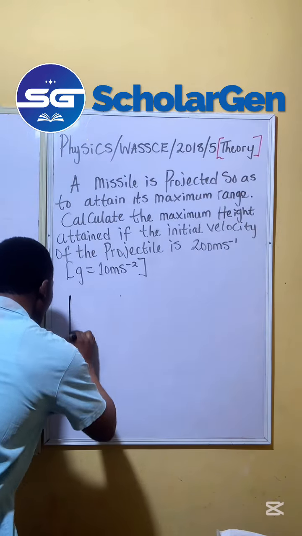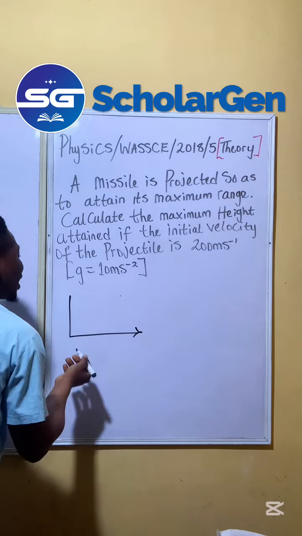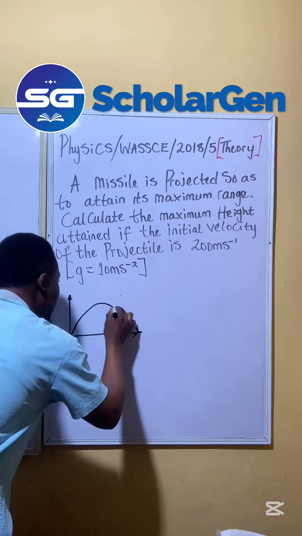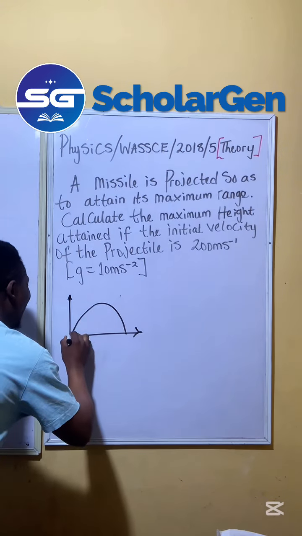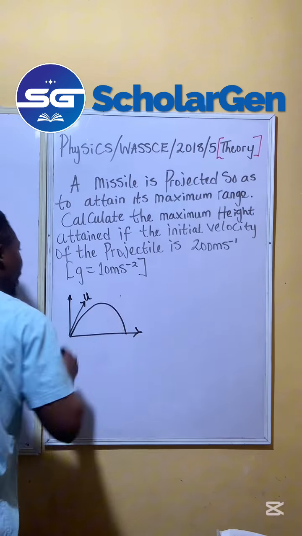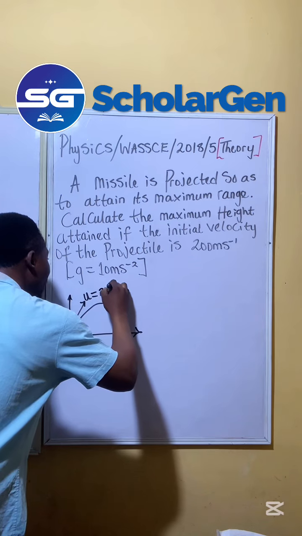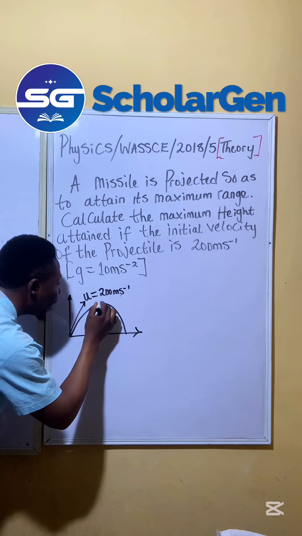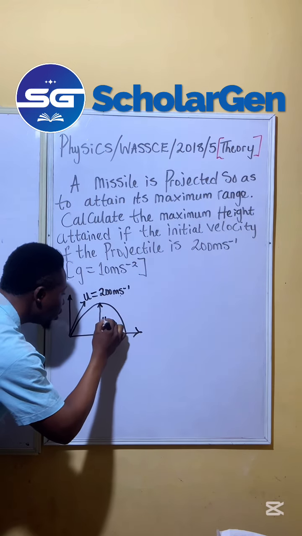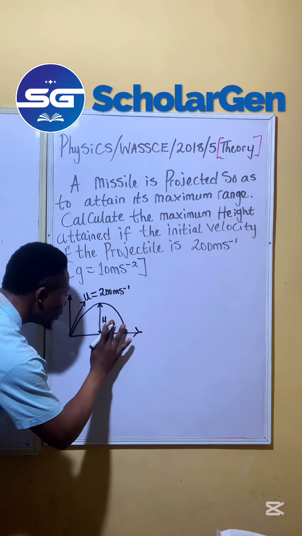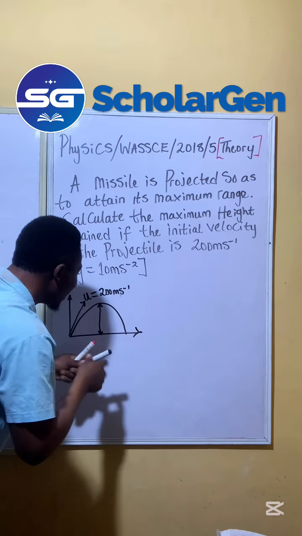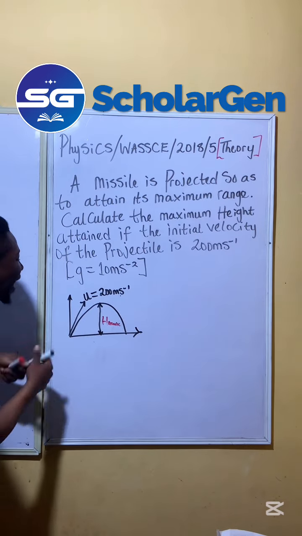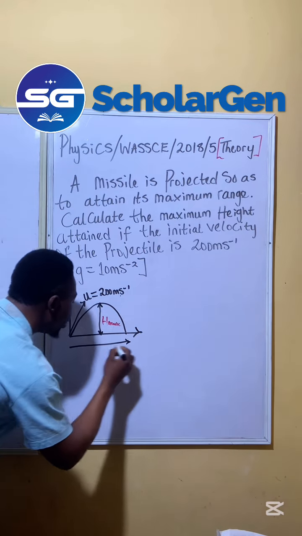We know that when a body is projected at an angle of inclination to the horizontal, it takes a parabolic path with an initial velocity u of 200 meters per second. It will attain a maximum height, h max, and it will also cover a horizontal distance, which is called the range.